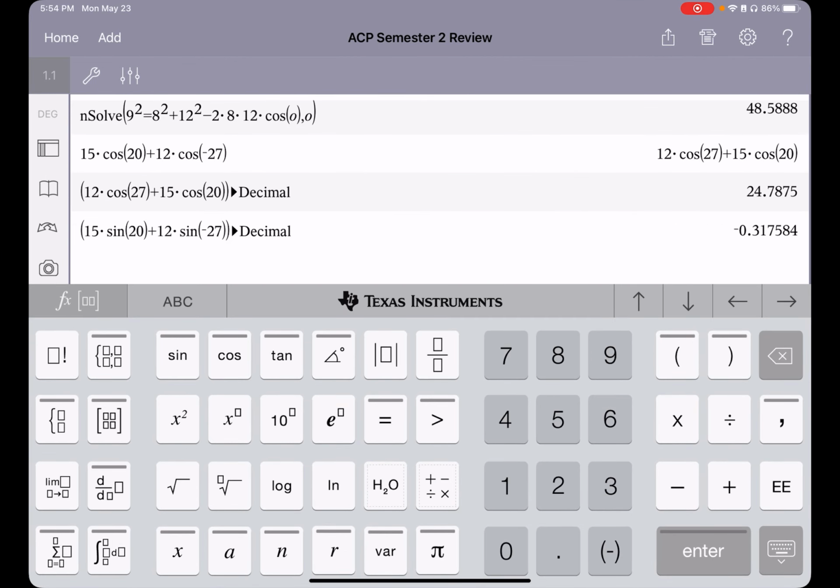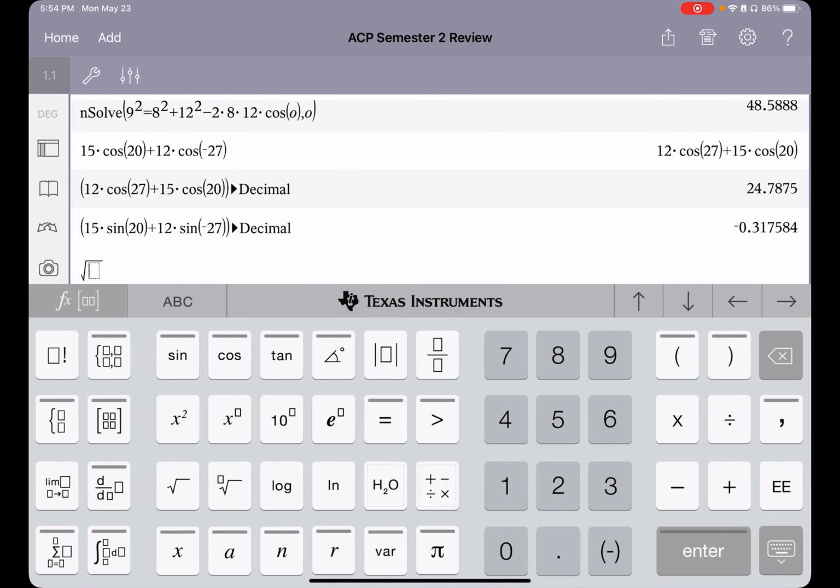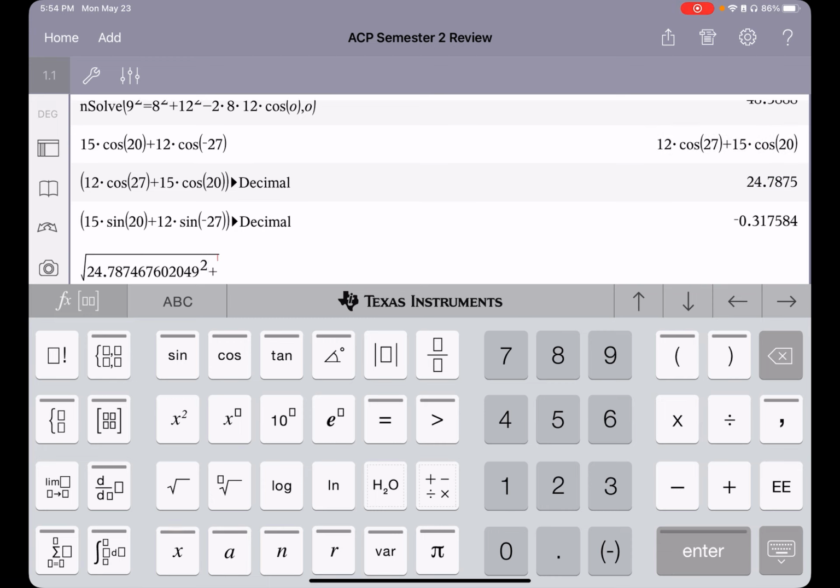And we're going to do the square root of this squared plus parentheses this, oops, oh man, I messed it up.